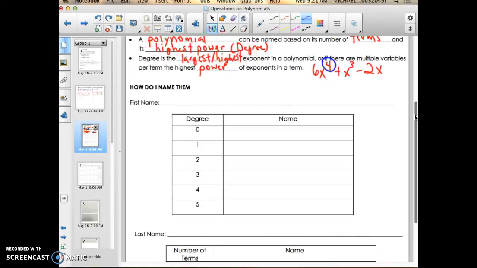So let's move into how I actually name them. The first name comes from the highest power that exists in the polynomial. Degree 0: if there is no degree, let's say it's just the number 8.